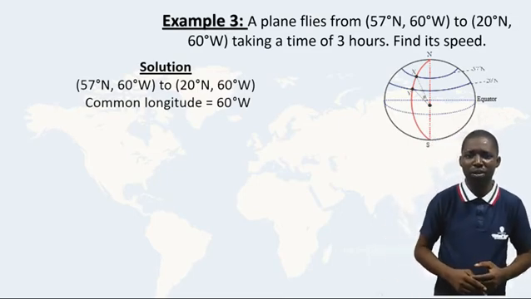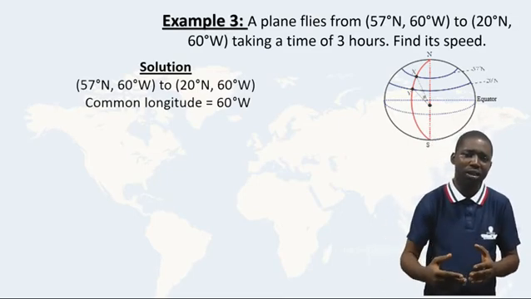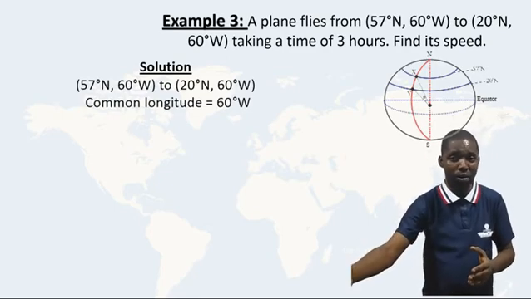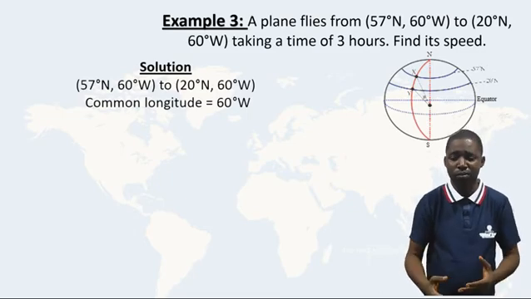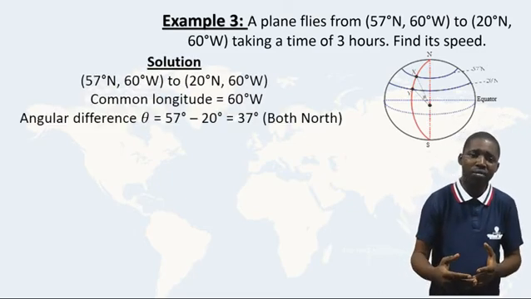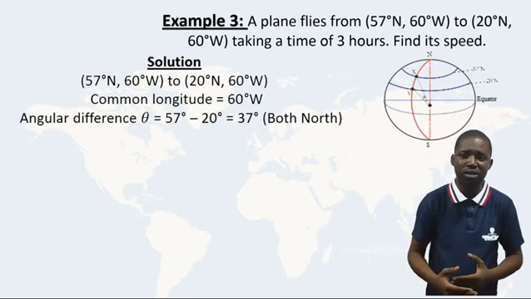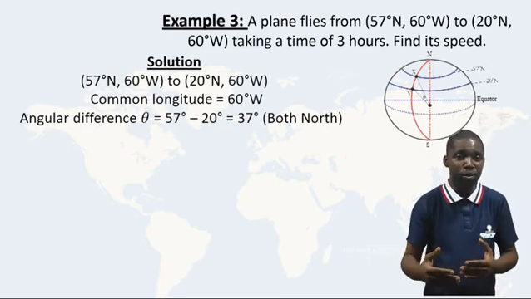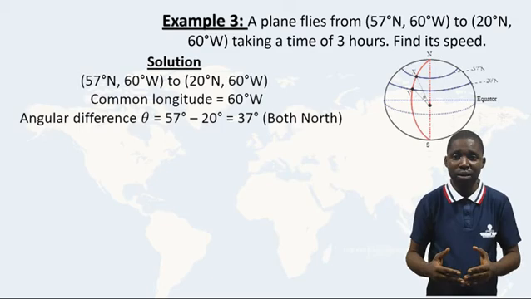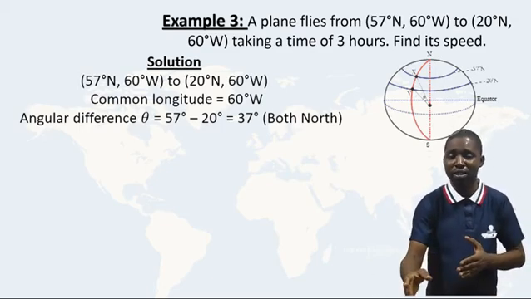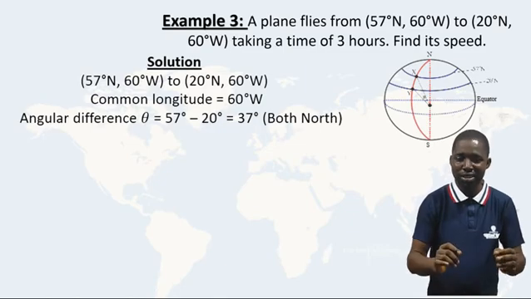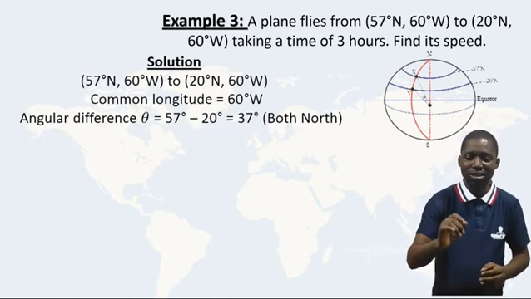Now let's go to the formula. Distance is theta over 360 times 2 pi r. I want to believe you are familiar with the formula now. Our theta, how do we get our theta? Angular difference. So angular difference between 57 degrees north and 20 degrees north. The two are the same position, north. And we said for the same position, we subtract: 57 minus 20. That is 37. So our theta is 37 degrees.